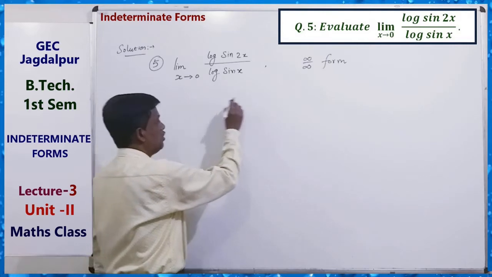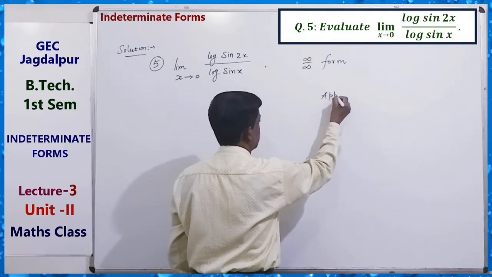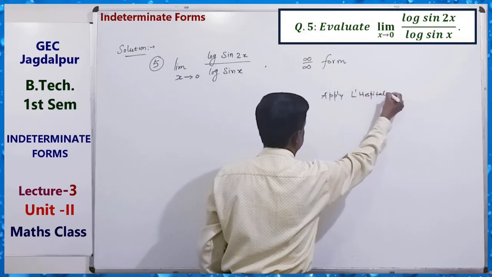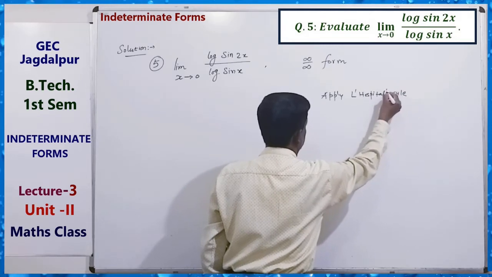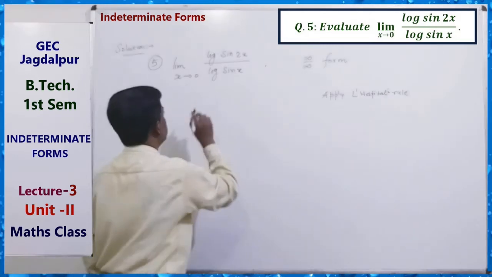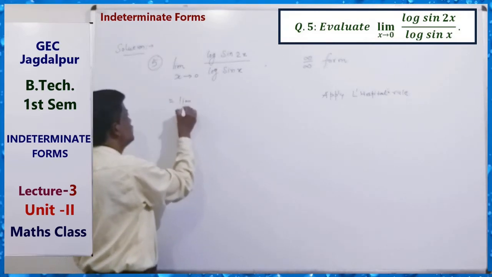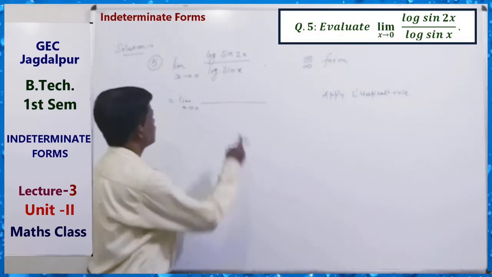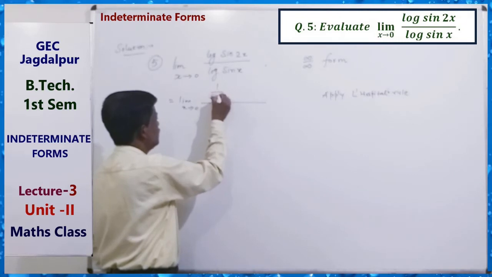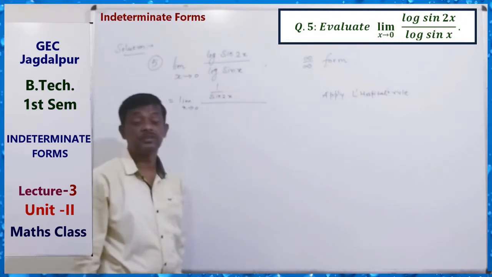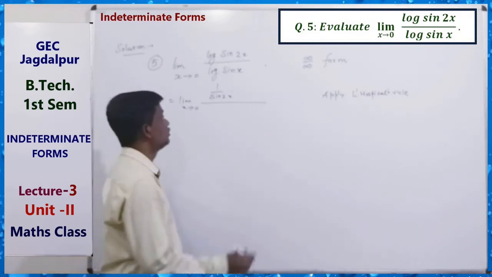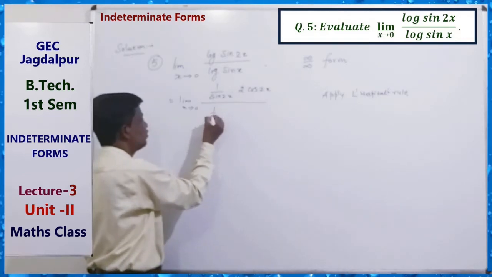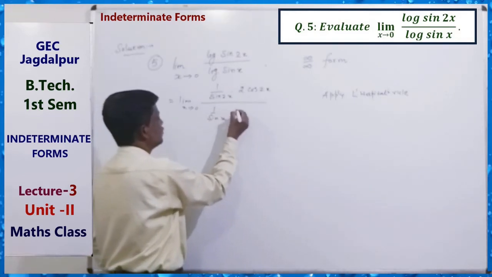So first of all, directly apply L'Hospital's rule. Here, what can we write? Differentiate the numerator: log sin 2x means 1 by sin 2x into the differentiation of sin 2x, that is 2 cos 2x, upon, for the denominator, 1 by sin x into cos x.